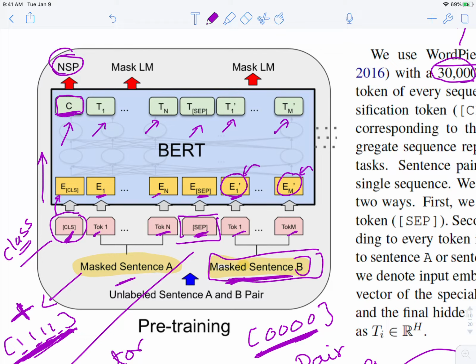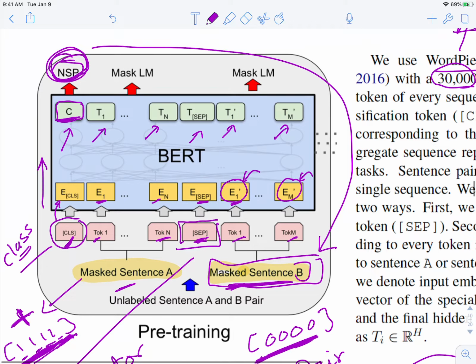Given this representation that I have learned, is this sentence a good next sentence or not? Does it occur after me or not, right? Now, in a downstream task, this representation will be what gets plugged in to do sentiment analysis, for example, or any other downstream task.